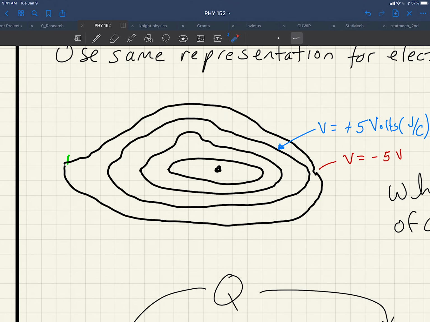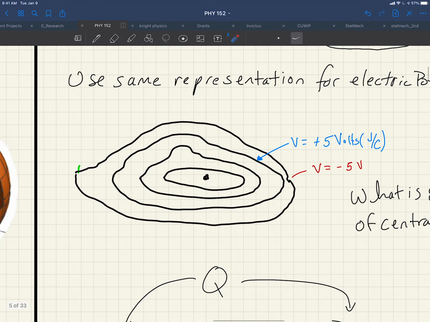Because potential is just a value at a point in space, just like topographical maps show a height at a point in space. So this could be a hill or a depression. This could be the bottom of a valley. You could be looking at some sort of valley bottom and do your cuts this way, and then that would have this map. And so we could tell you, imagine that this line has a value of plus 5 volts, and that the separation between them is 10 volts.